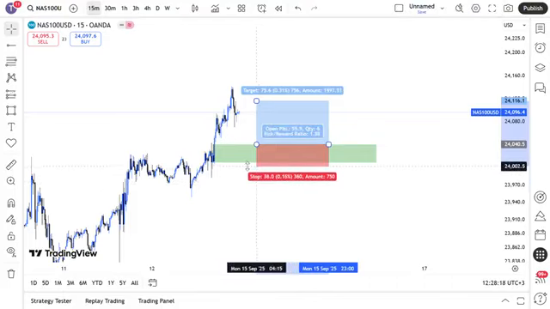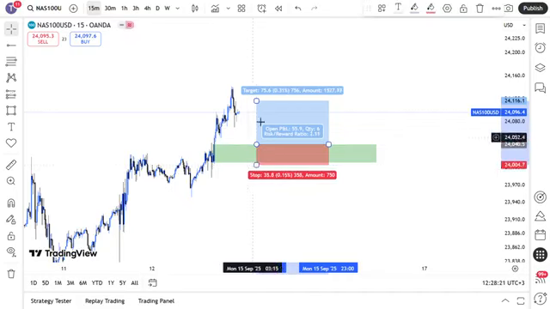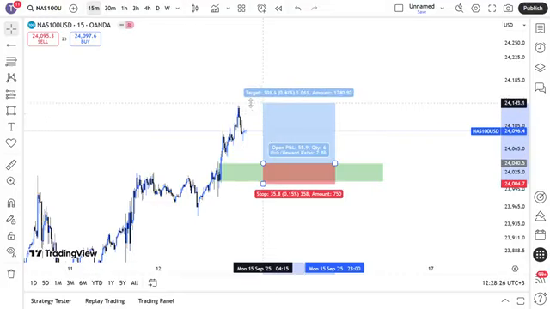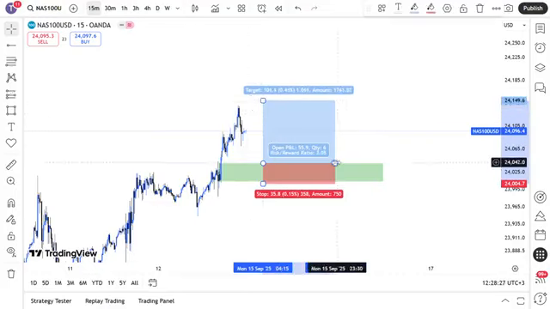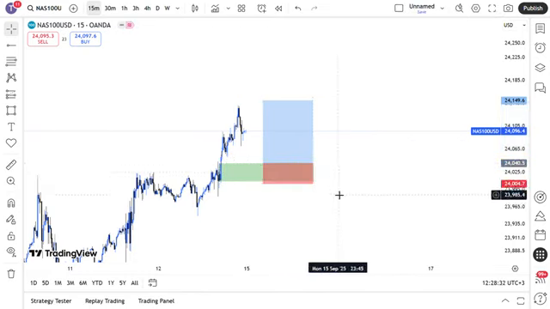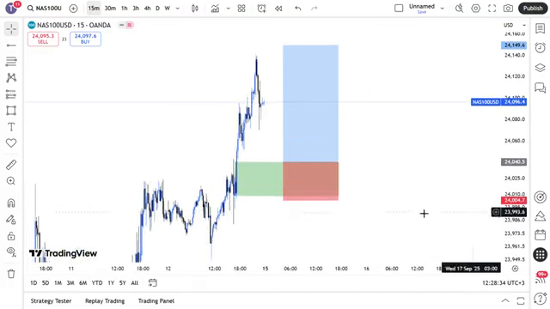I'm looking to buy from this area to the upside, and my take profit will be 1:3 risk to reward ratio as always. So that is for NAS 100.